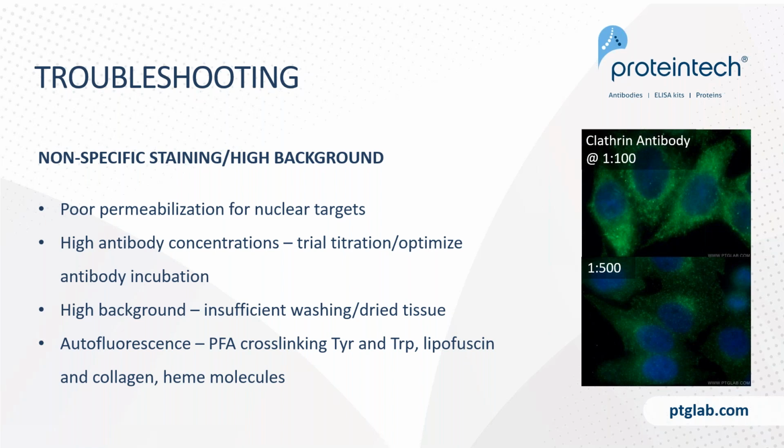And these proteins, when highly abundant, are endogenous pigments and can strongly autofluoresce. For example, collagen can autofluoresce in the blue region and less so in the green region. So it is important to choose fluorophores that are not targeting these emission spectra in order to minimize any autofluorescence that you see. Heme molecules have a similar effect as well, so if possible, perfuse your samples with PBS before staining and fixing.